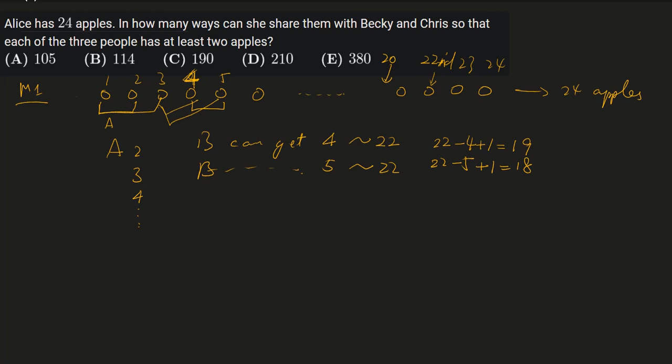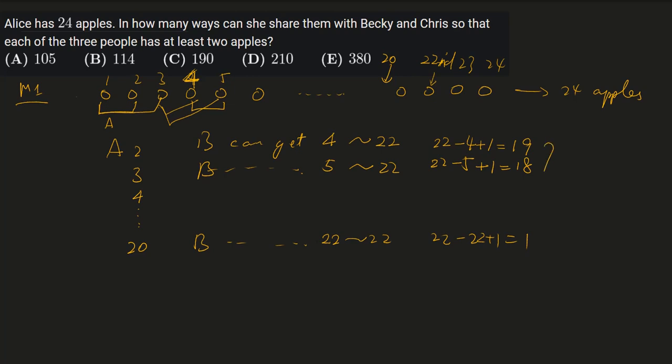In that scenario, Becky will only get the 21st and the 22nd, right? From 22 to 22, Becky only has 1 choice because she can only take 2 apples, and there are only 2 apples left for Chris. So this is 22 minus 22 plus 1, that is 1. There's only 1 choice.